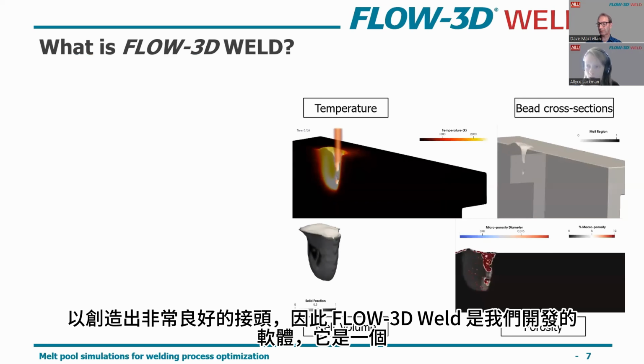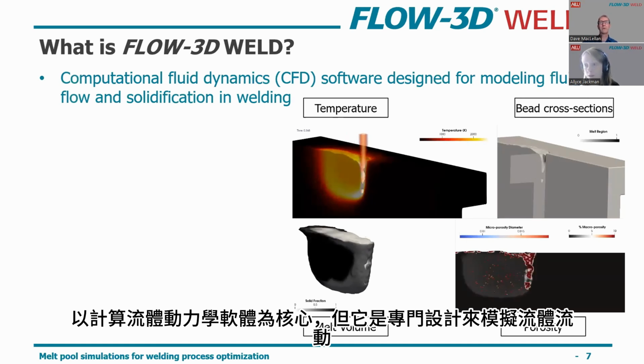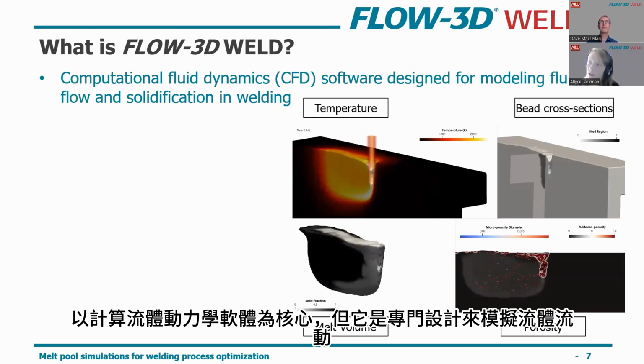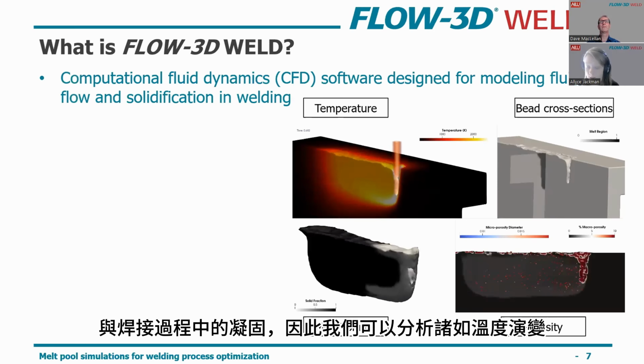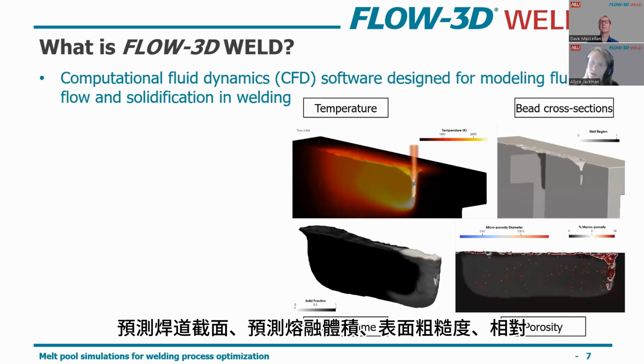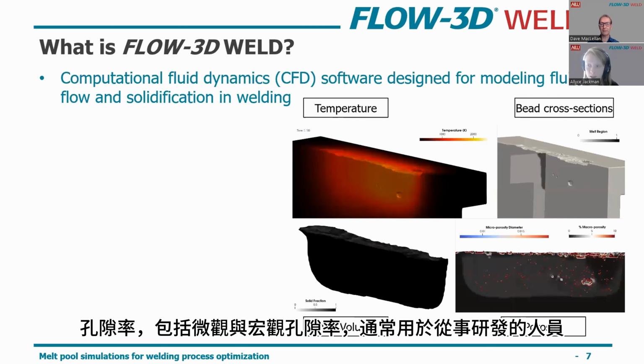So FLOW-3D WELD is the software that we develop. It is a computational fluid dynamics software at its core, but it is designed specifically to model fluid flow and solidification in welding processes. So we can look at things like temperature evolution, predict bead cross sections, predict the melted volume, the surface roughness, the relative porosity, both micro and macro porosity.